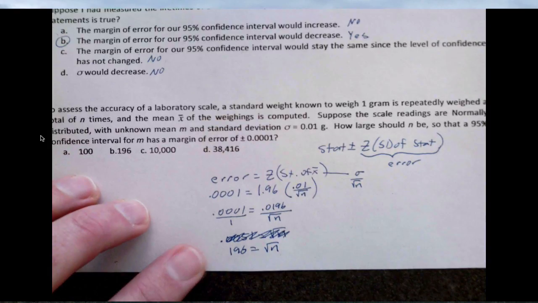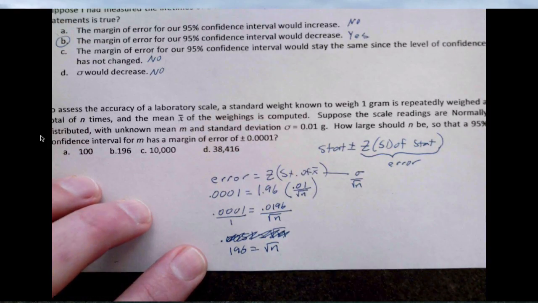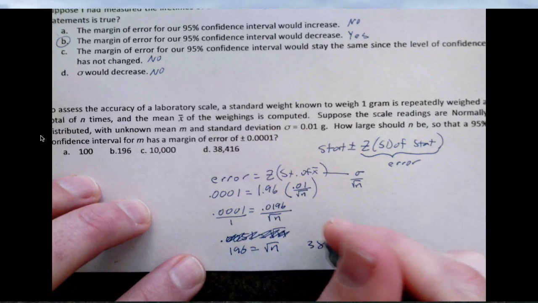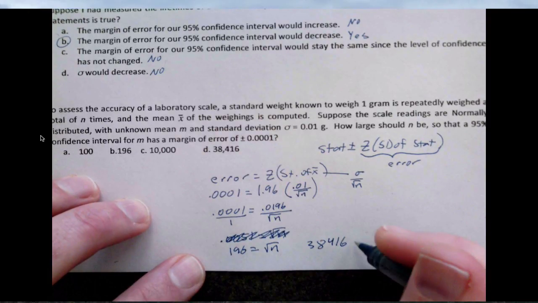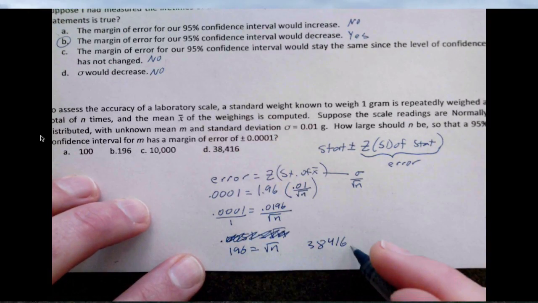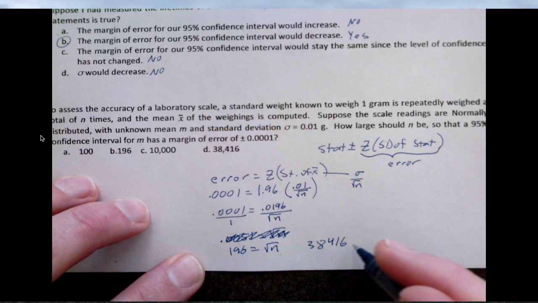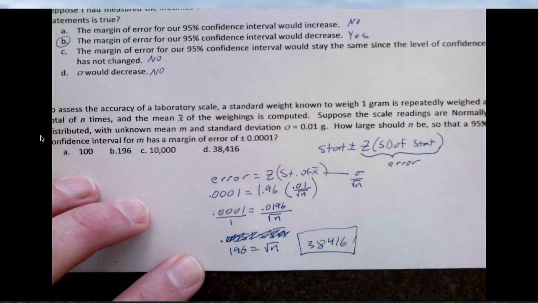There we go. Okay, so now when I square both sides, I end up at 38,416. Keep in mind, if you get a decimal here, like even if it's a 0.1 or 0.05, you always round up on this value right there. All right.